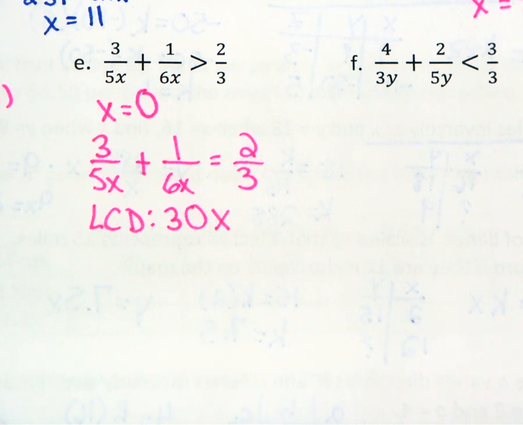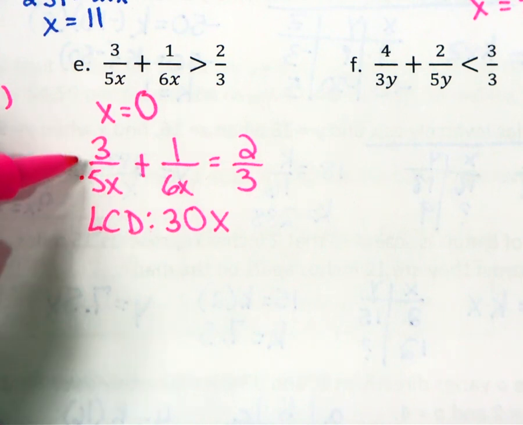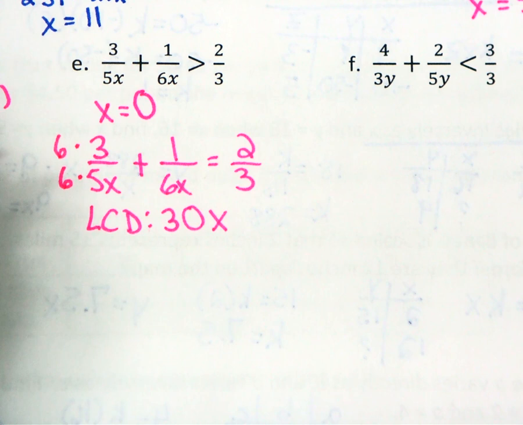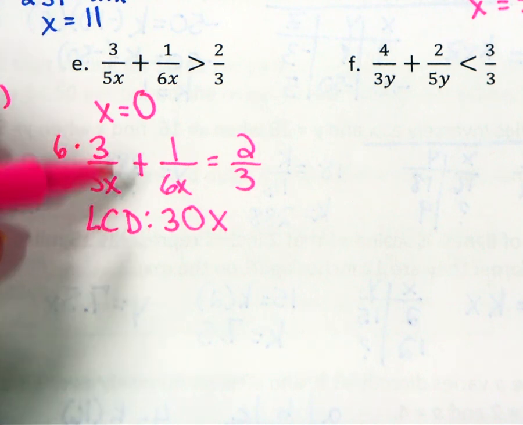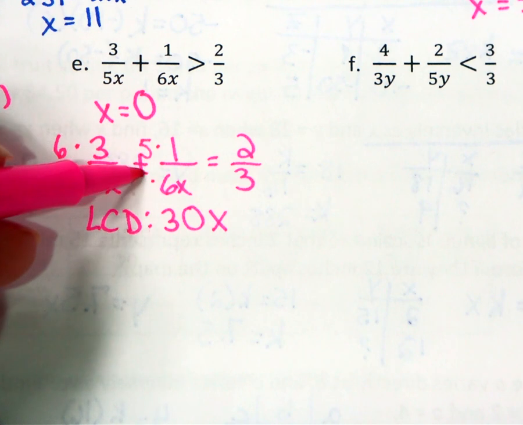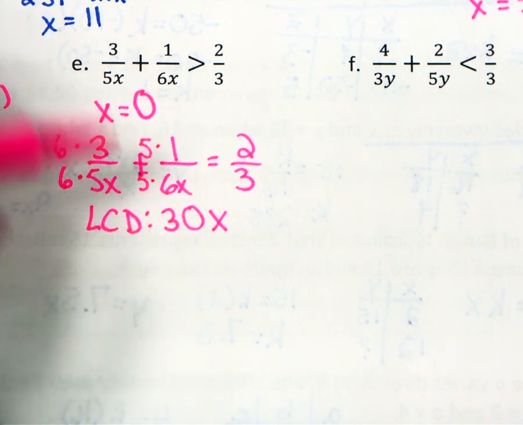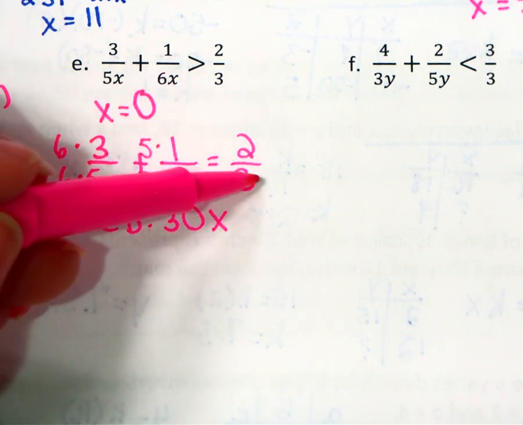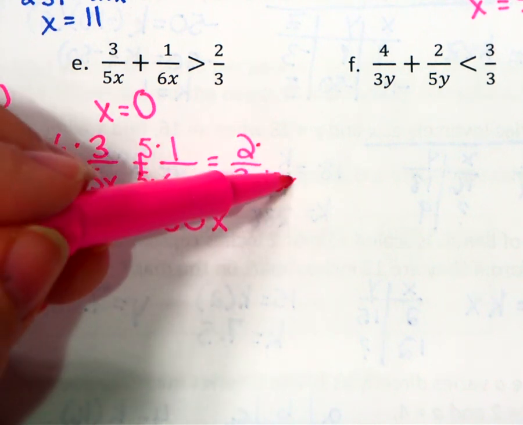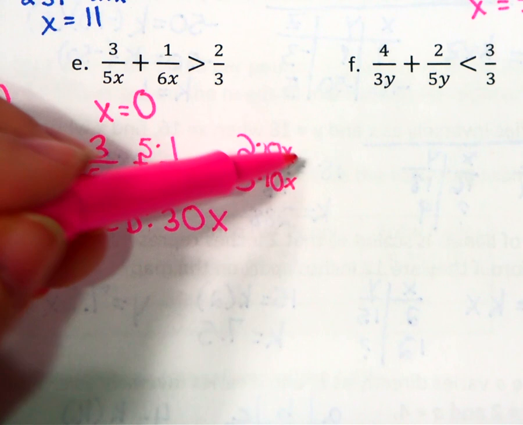Remember, you can get that from your factor trees. So what does the 5 need to become 30? It needs a 6, and it already has the x. What does the 6 need to become 30? It needs a 5, and it already has the x. What does the 3 need to become 30? It needs a 10, and it needs the x as well.